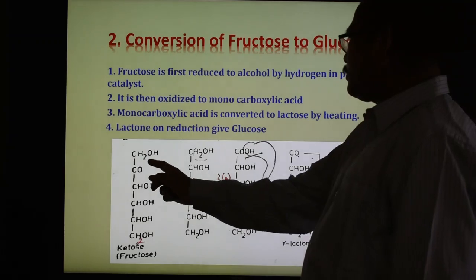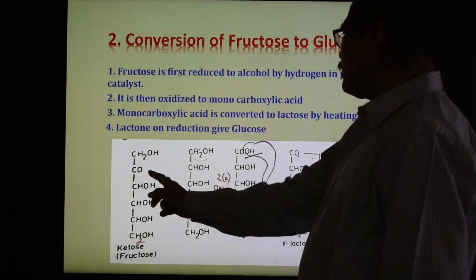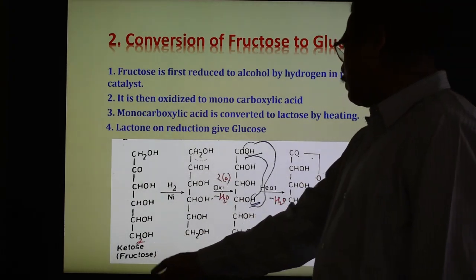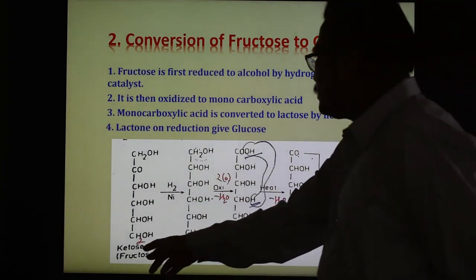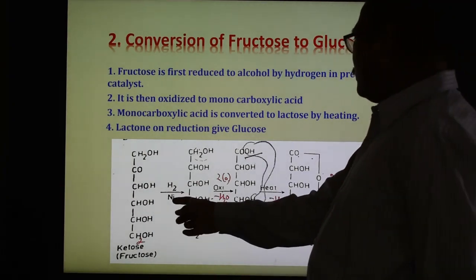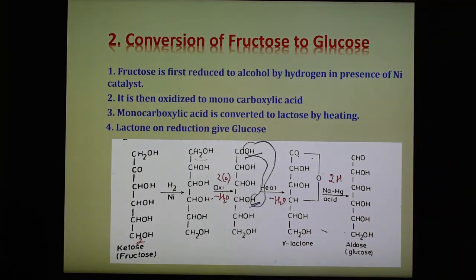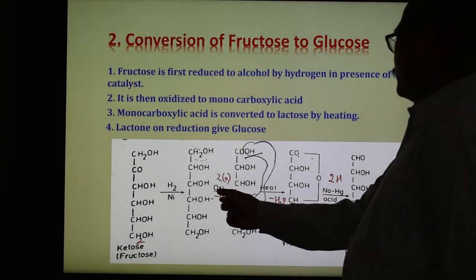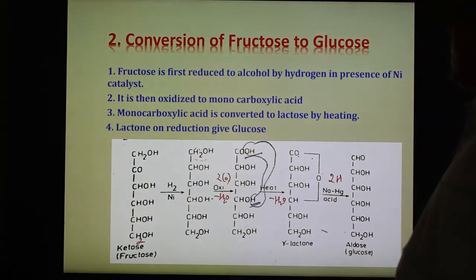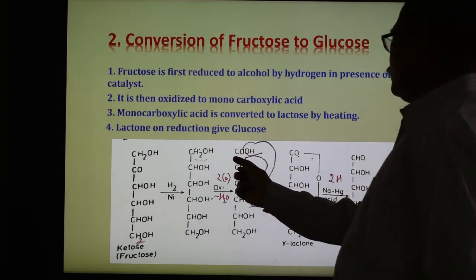First, 2 hydrogens are added, so here it becomes CH2OH, and here CHOH, the CO becomes CHOH. This is the ketose, also known as fructose, because the CO ketone group is present. In the presence of nickel we obtain this compound, and after that it gets oxidized in the presence of oxygen, and this group is converted to carboxylic acid, that is the COOH group.